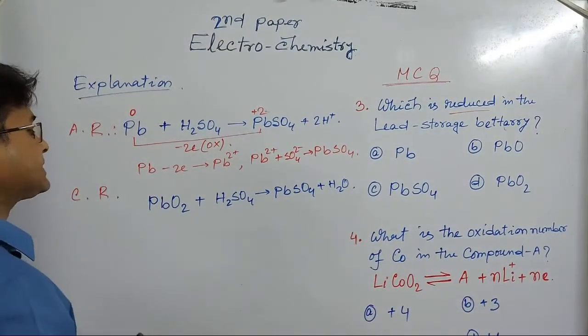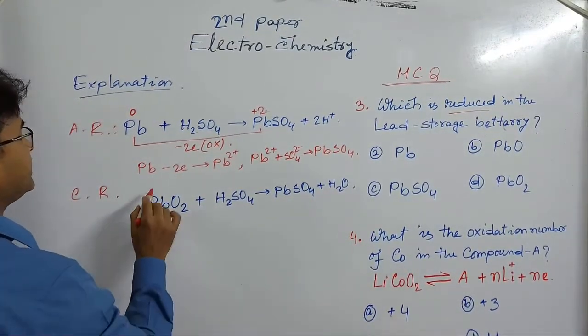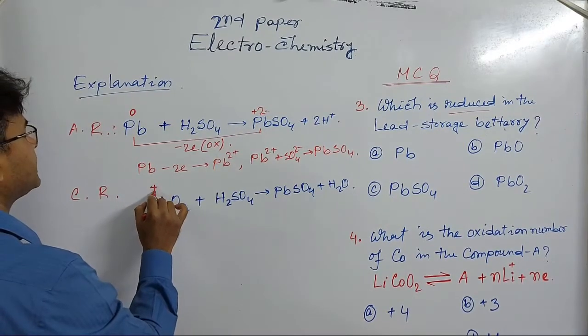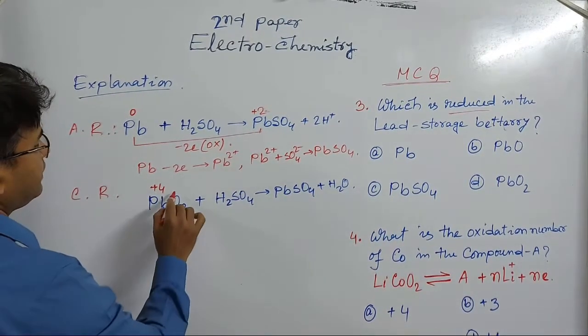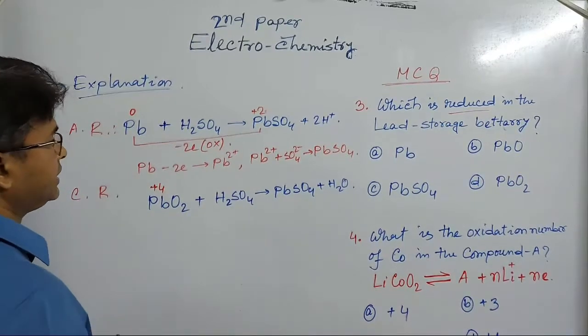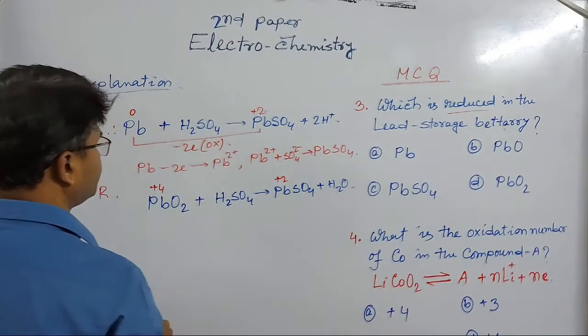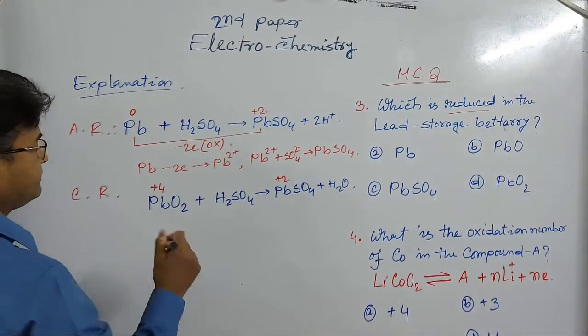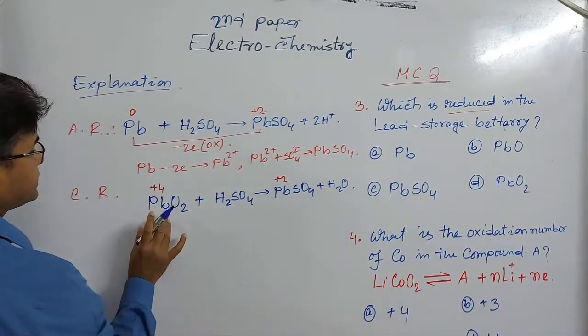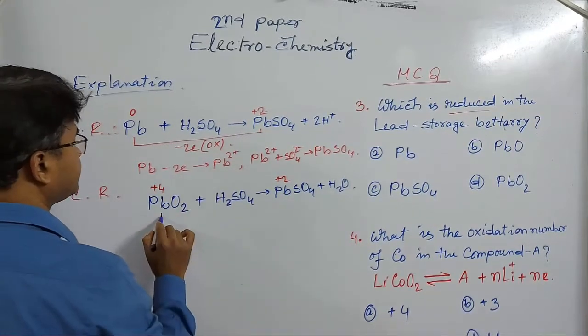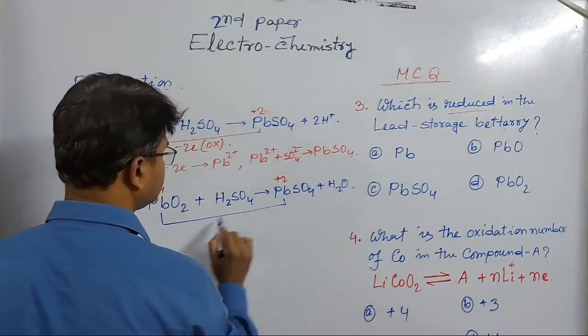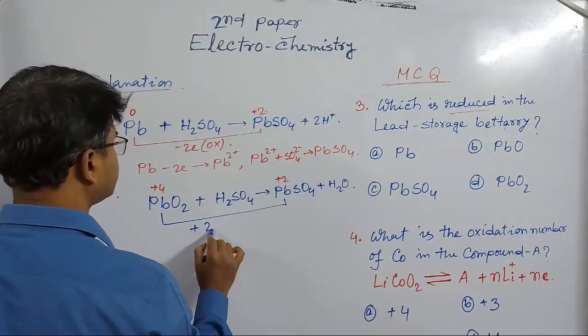In this case, the oxidation number of lead is plus 4, and in the lead sulfate the oxidation number of lead is plus 2. So here the oxidation number is decreased from plus 4 to plus 2 by accepting 2 electrons.